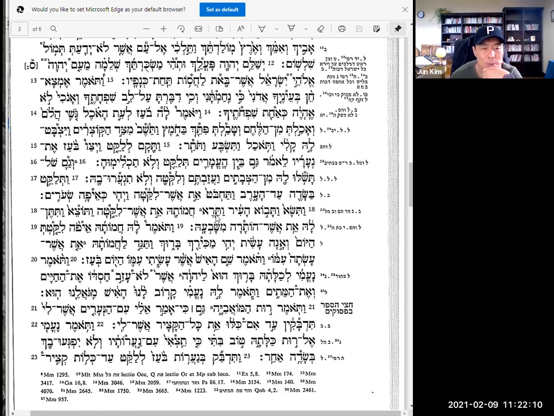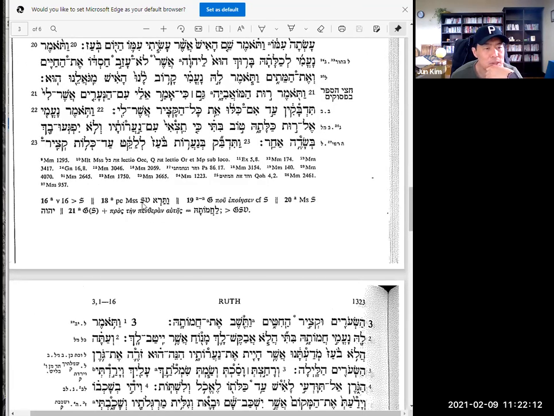But the Syriac and Vulgate and a few manuscripts use this word. And what is it? Pata under the top. Then this is hifil, meaning cause somebody to see. So show. So then the idea is, and she showed.